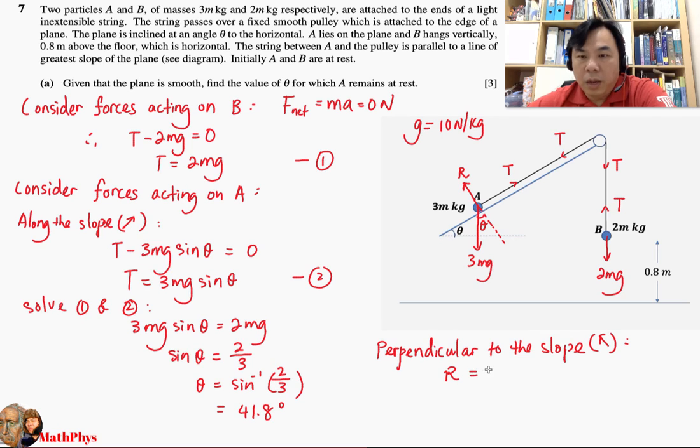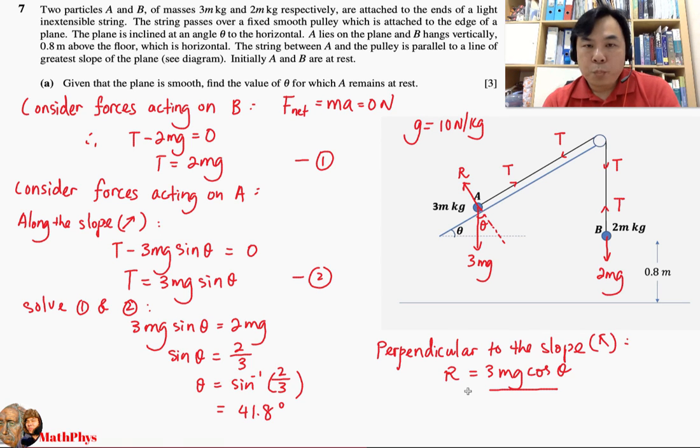We can conclude that R must be the same as mg cosine theta there. And then since we have already found our sine theta, you should be able to obtain the normal force acting on the particle A with respect to the slope itself. I hope that is clear. I'm going to move on to the next section shortly.